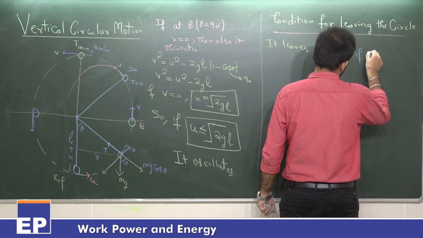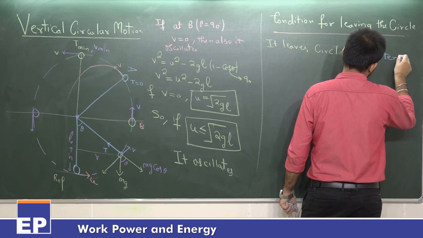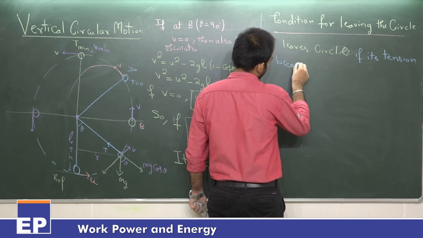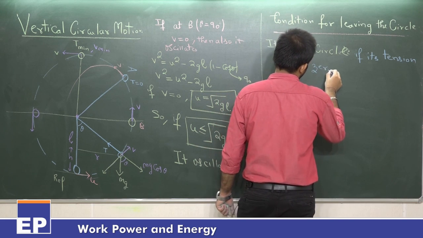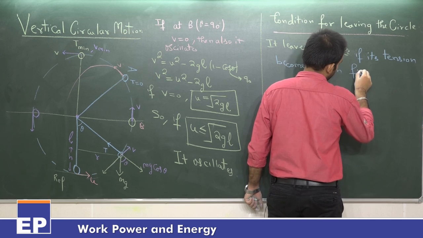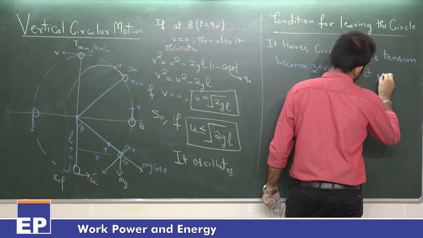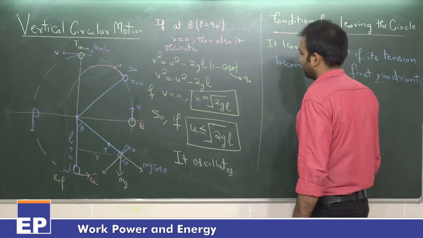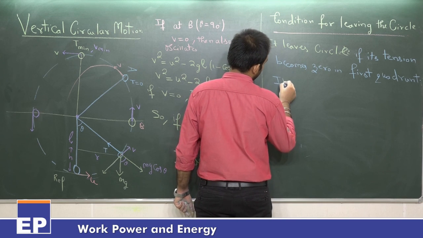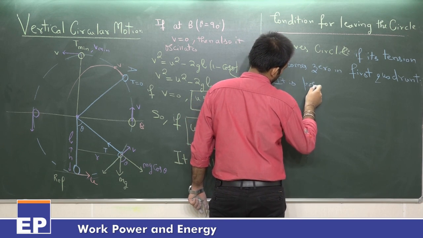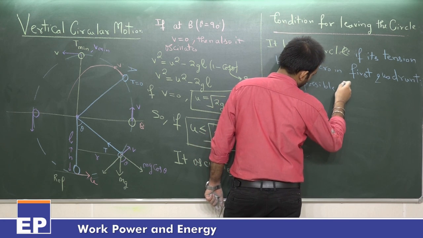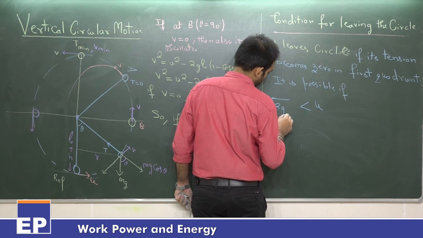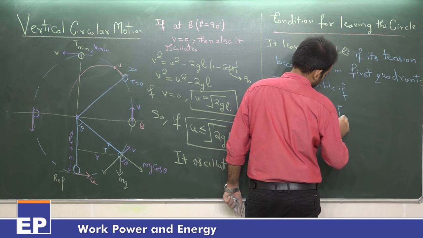If its tension becomes zero, in the fourth quadrant or in the first quadrant, it is possible if U is greater than root 2GL but less than root 5GL.